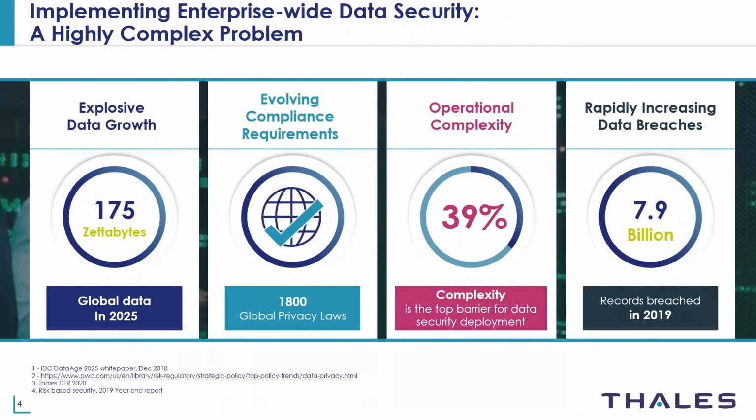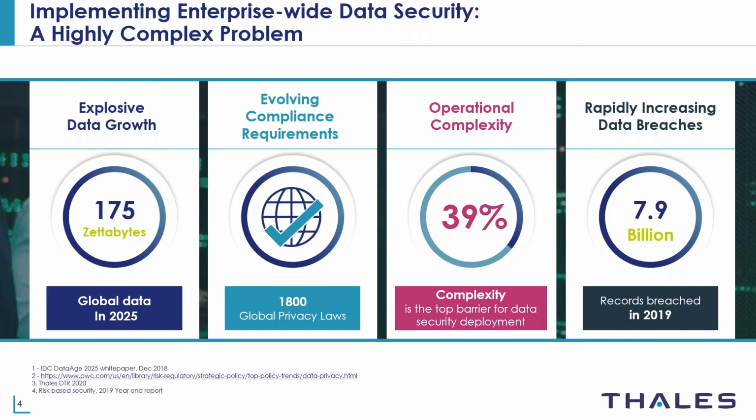So today, the implementation of data security is rather complex. It's not really that easy. There are a few different key areas that are important to talk about. The first one is the massive data growth we're all seeing and facing, which keeps on growing and makes it really difficult to have a view of all your data.